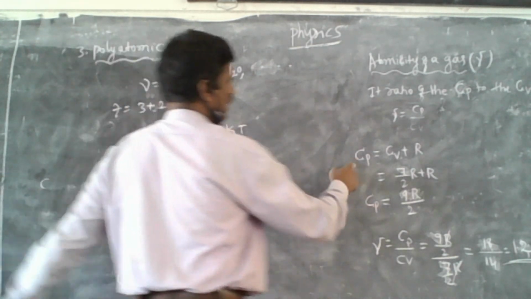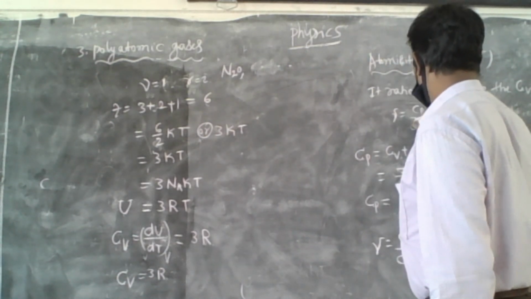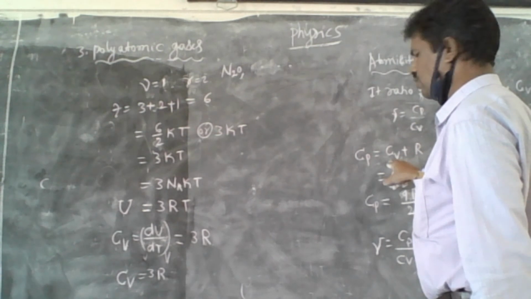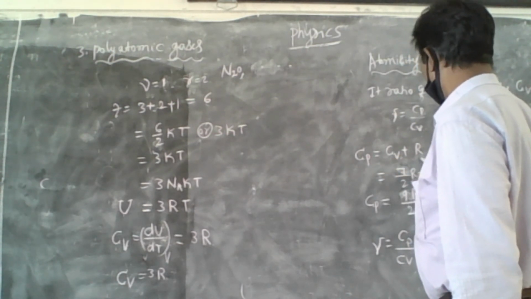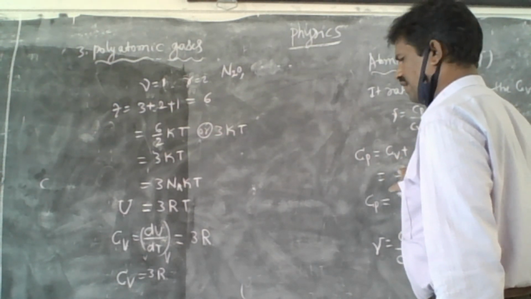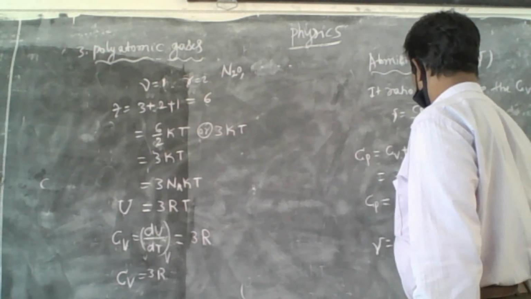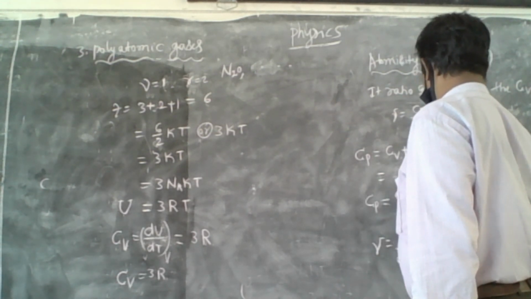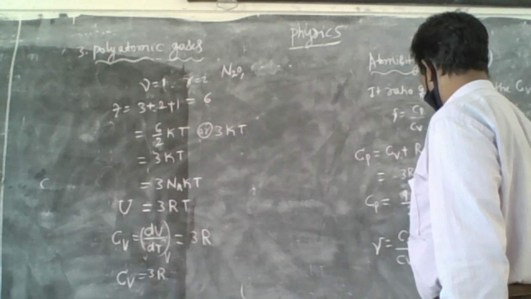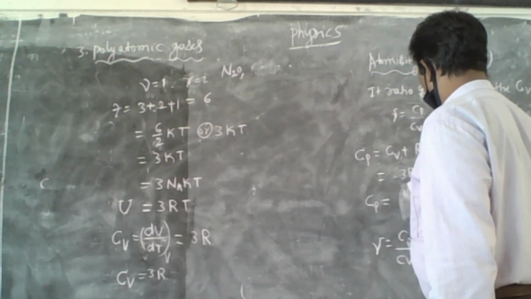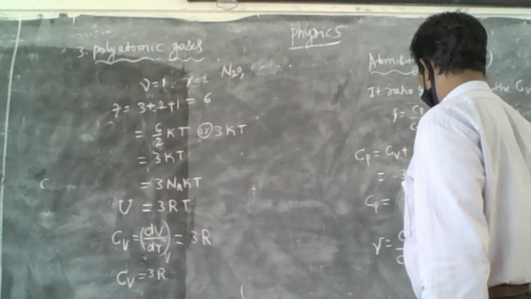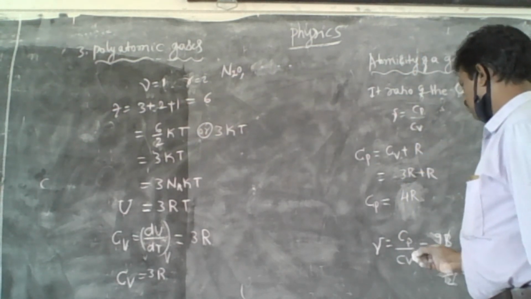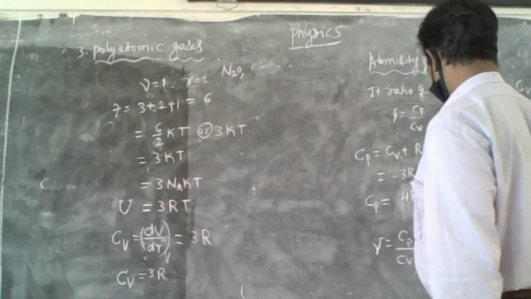Therefore Cp, then the atomicity of gases, Cp by Cv. Cp is equal to Cv plus R, and here Cv is 3R. 3R plus R equals 4R. So now what is the atomicity of gases?